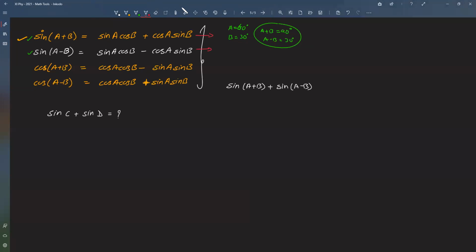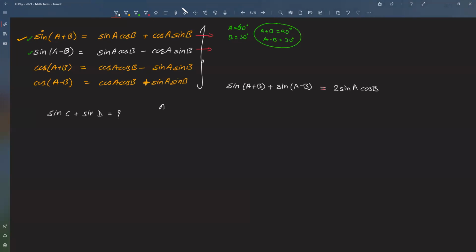If you add them, what you see here is cos A sine B and cos A sine B. This is positive and the second one is negative. So if you add them, they will cancel. Right? So that means you will have only sine A cos B. So this will be equal to 2 sine A cos B. That is what sine A plus B plus sine A minus B is.